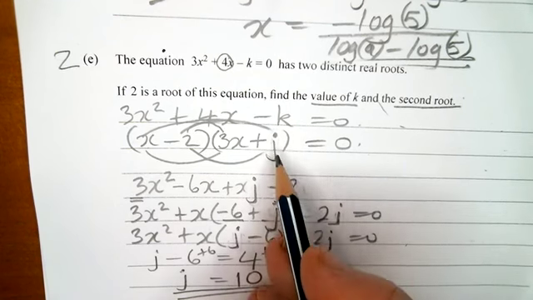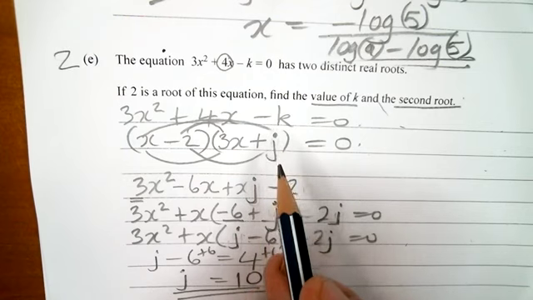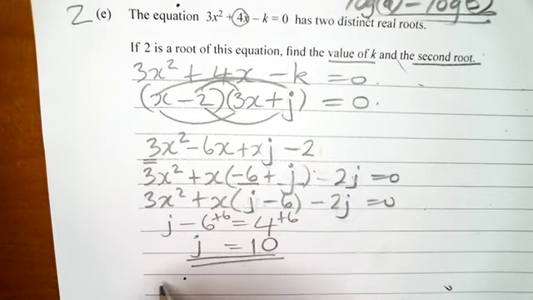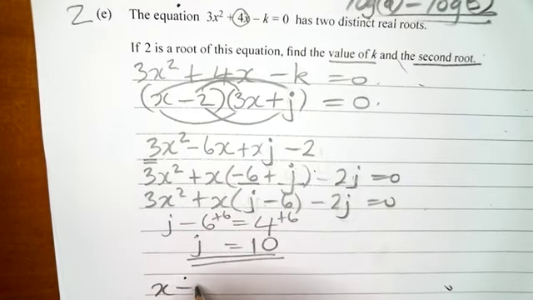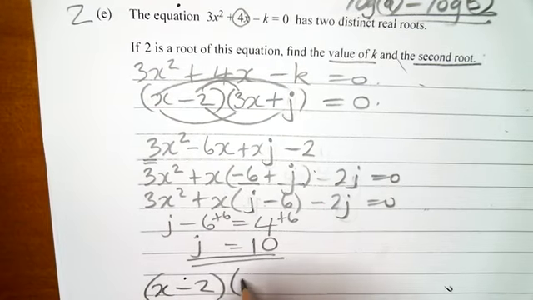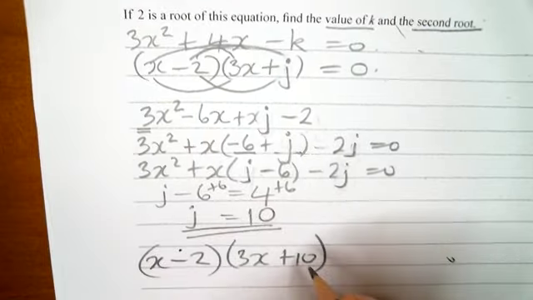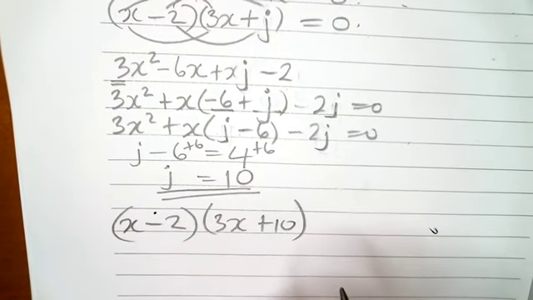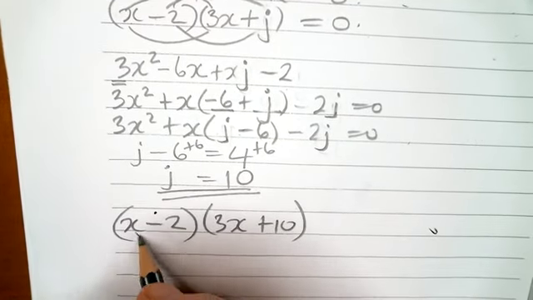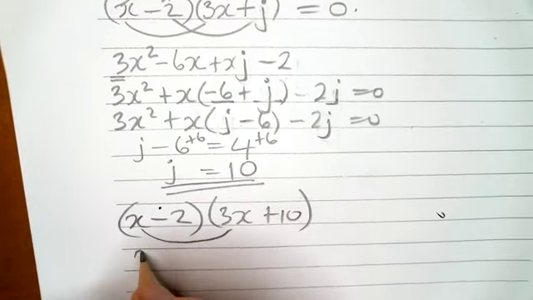So we can now go back to this here and insert a 10. So we've got x minus 2, and we've got 3x plus j, which in this case is 10. And let's expand this out. So we've got x times 3x is going to be 3x squared.